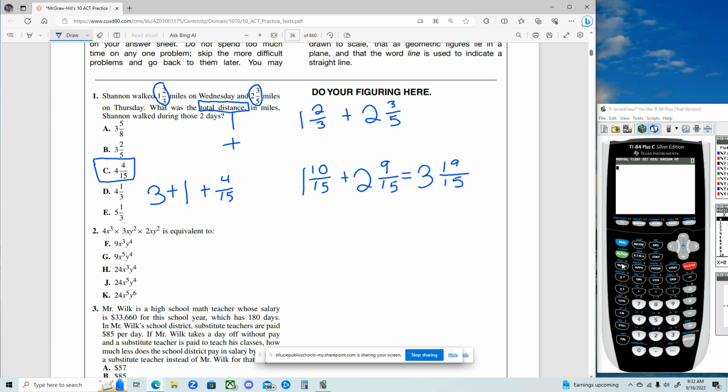So for me to enter this, I'm going to click the math button on my calculator, and the numbers I'm putting in are mixed numbers. So I got to go down. I could have gone up instead of down. Got too click happy. And let the calculator catch up.